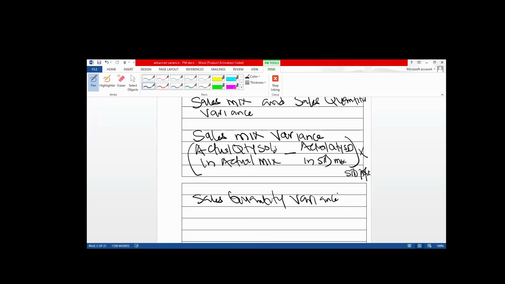Sales quantity variance is calculated where your actual quantity in standard mix is different from your budgeted quantity in standard mix.